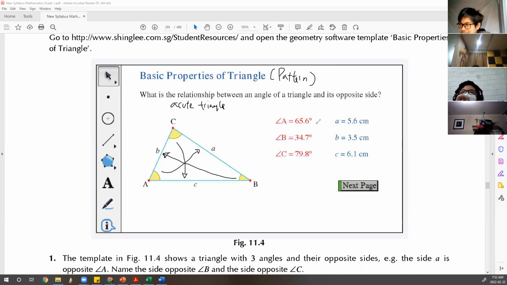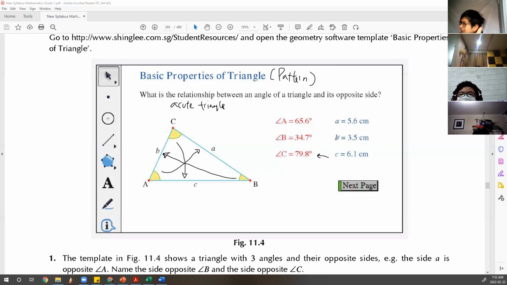If you compare A with B, side B is less than side A. The greatest side is C, because it has the biggest angle. So angle and side are interconnected, and the greatest side has the greatest opposite angle.